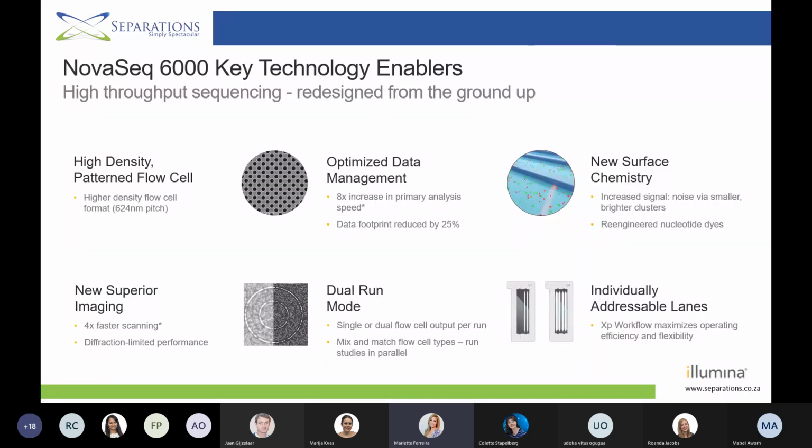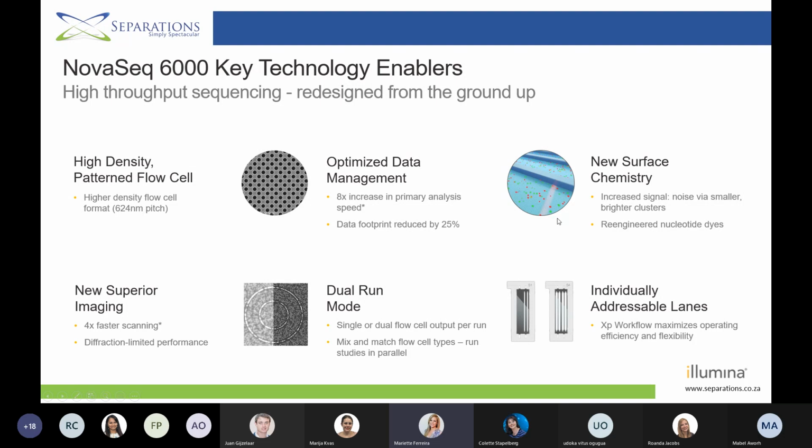Some of the features of the NovaSeq 6000 include the high density patterned flow cell. With it, we have optimized data management because you have an 8 times increase in the primary analysis speed, and it also decreases your data footprint by 25%.